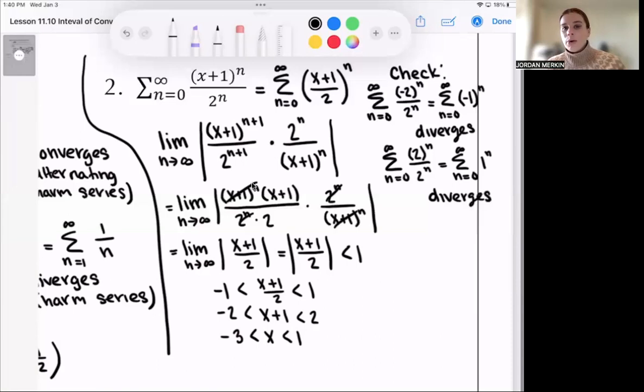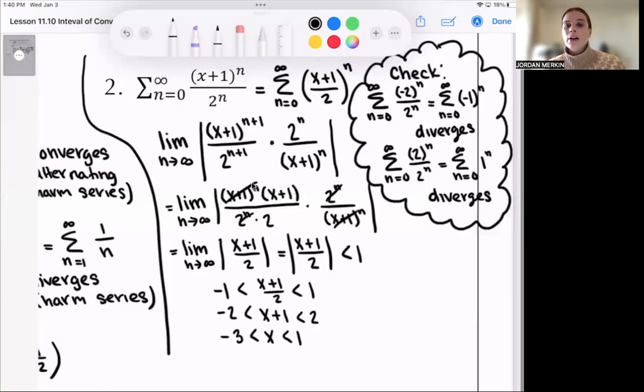And then you know that your r is (x plus 1) over 2, and it needs to be between -1 and 1. It would have skipped a lot of steps here. If you were to recognize that this is just a geometric series, you could skip this entire step of checking endpoints. We actually don't have to check endpoints for geometric series. Now, if you do, you'll still get that they don't work, but it's just something to keep in mind.